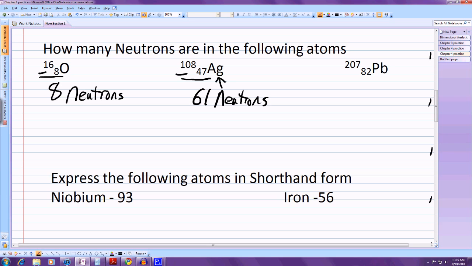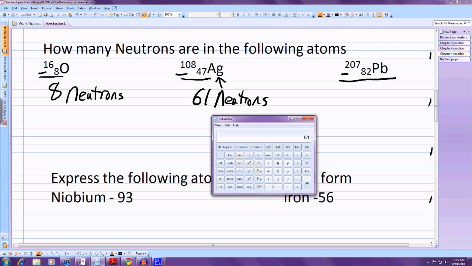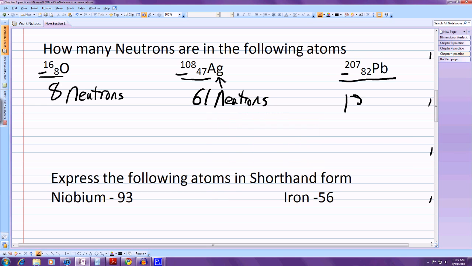Okay, and then lead, 207 minus 82. So 207 minus 82 equals 125. So we have 125 neutrons in lead, Pb.